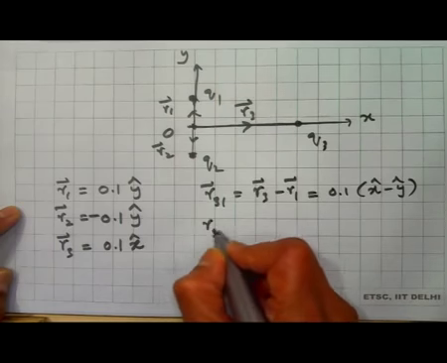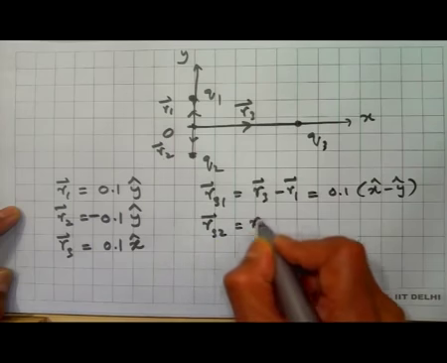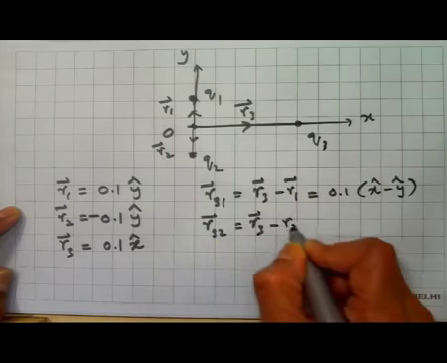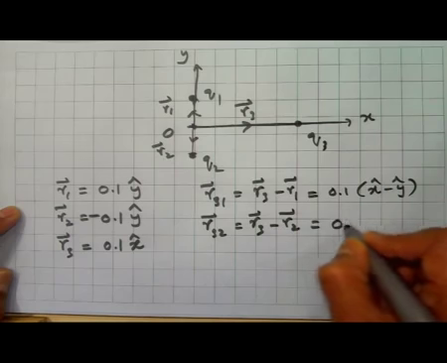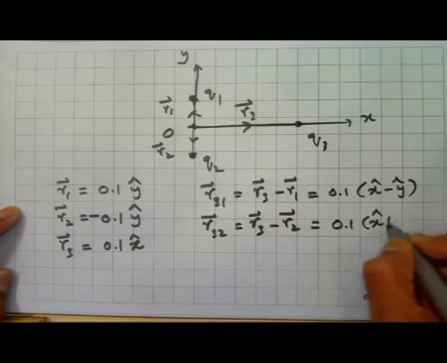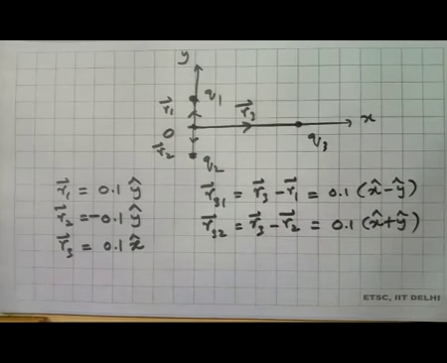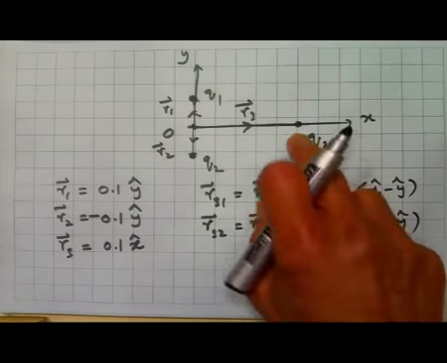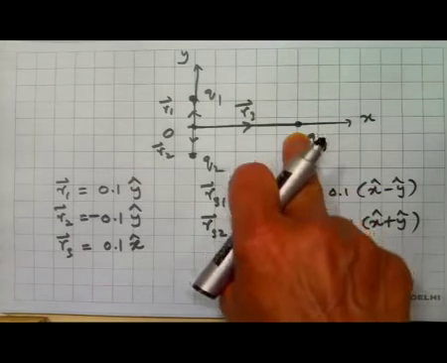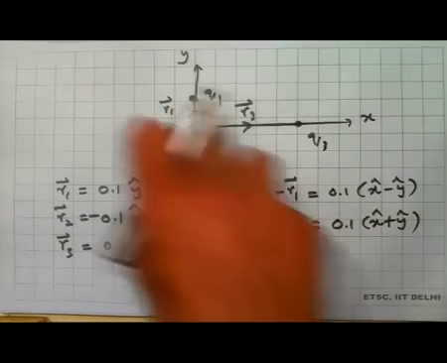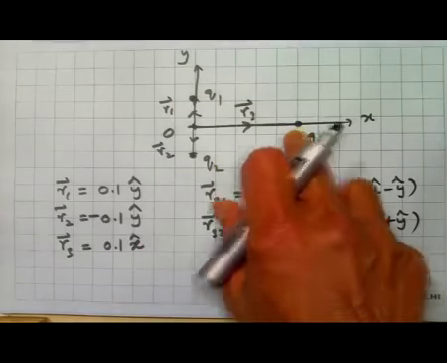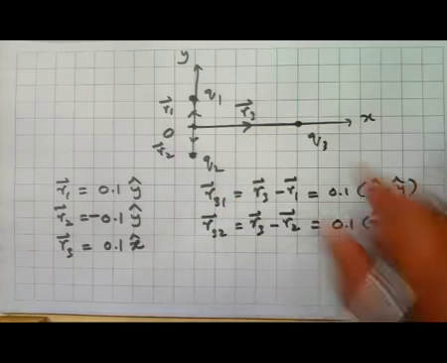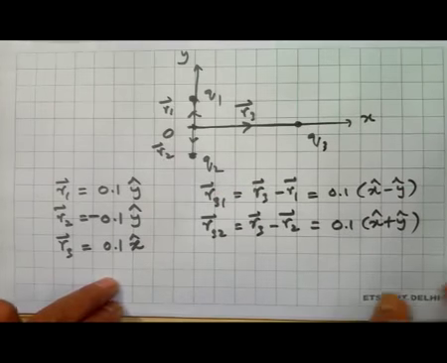Similarly, R32 will be R3 minus R2, which is equal to 0.1 into x cap plus y cap. So, these are the two vectors, because to calculate the force on Q3, I have to calculate the force on Q3 because of Q1 by Coulomb's law, plus the force on Q3 by Q2 from Coulomb's law, and add the two vector forces.